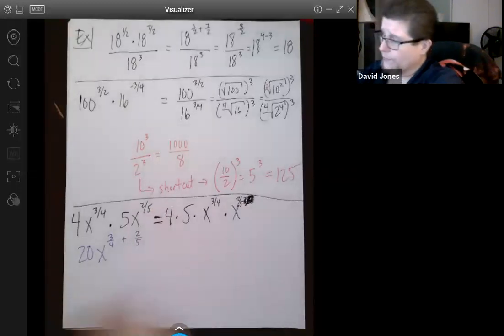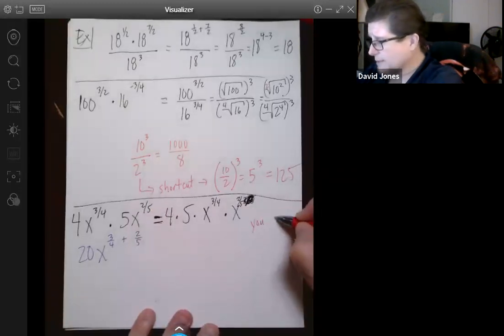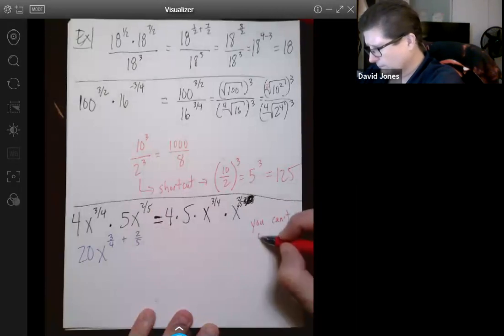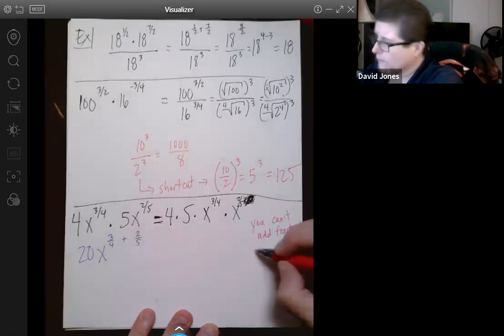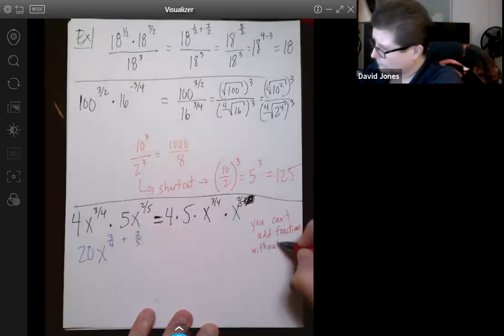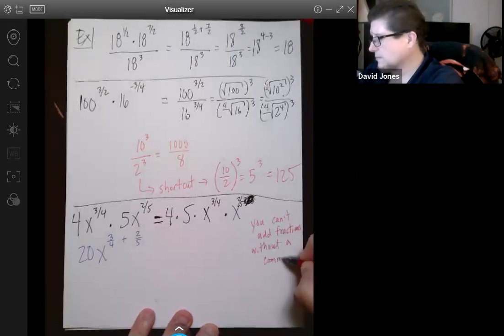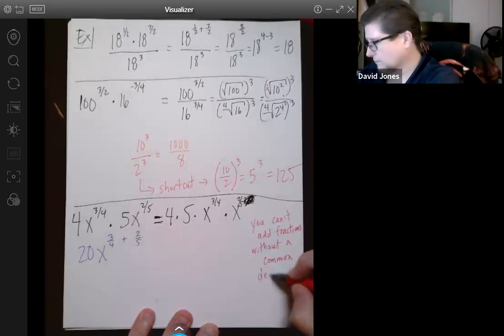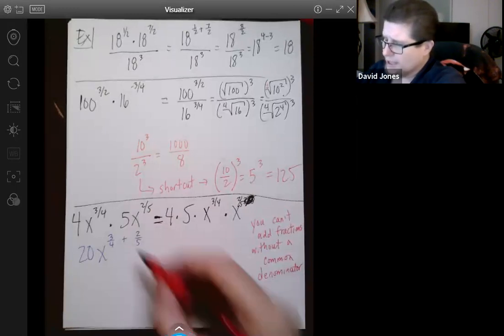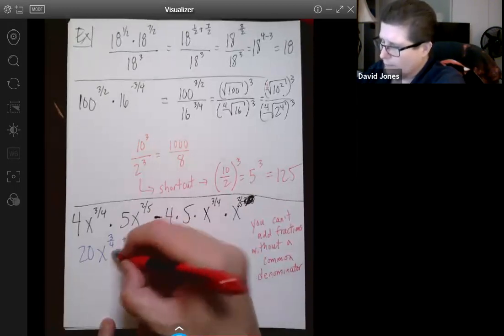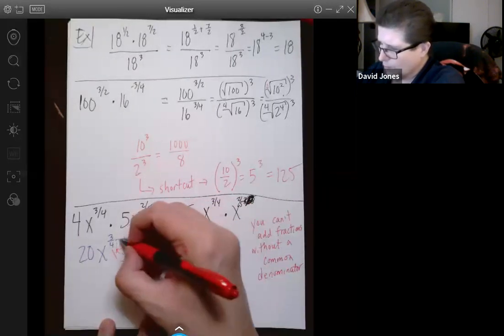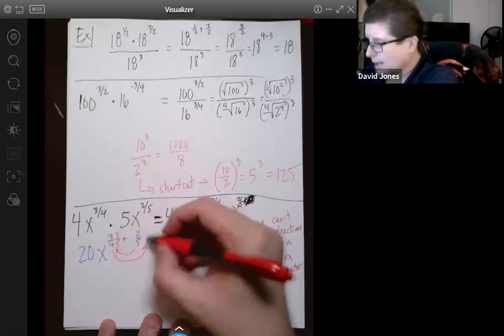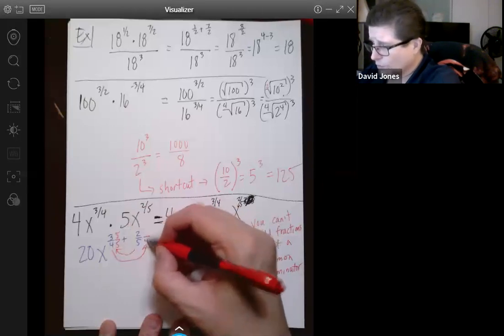Now, you can't add fractions without a common denominator. Don't forget that. So I'll just take the denominator of one and multiply it by the other. I'll multiply this by 5 over 5, and I'll multiply this one by 4 over 4.